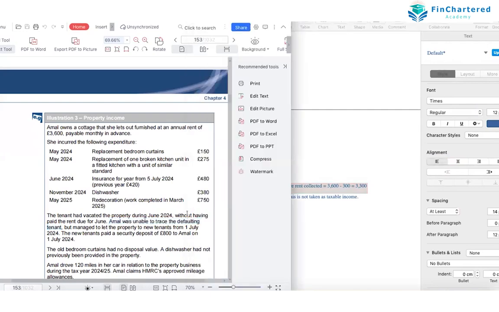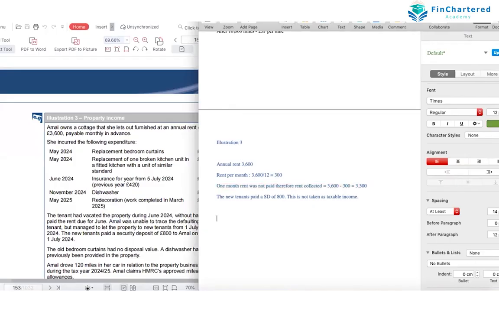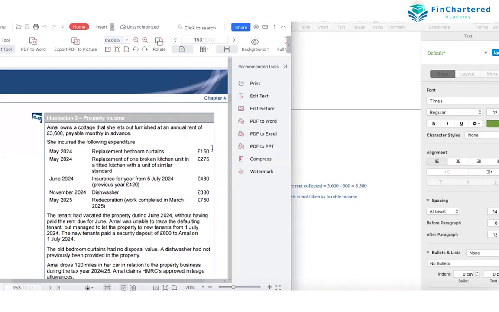Then there were certain expenses incurred. Rent received is 3,300, and then expenses. How do we deal with the expenses? Replacement bedroom curtains. Again, remember, it's a replacement.